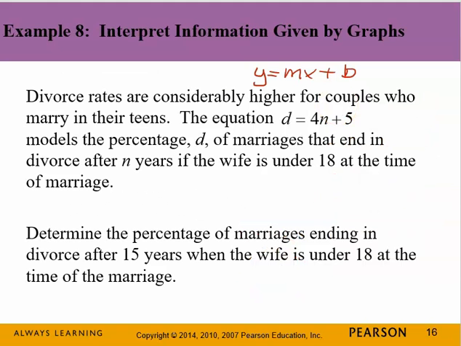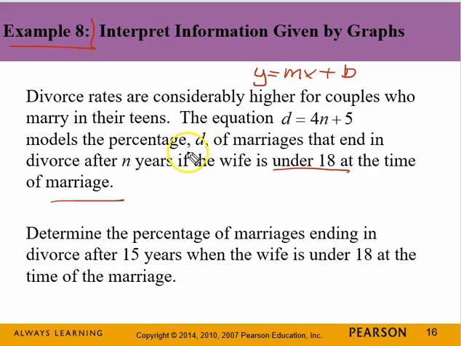Now, for our last objective, and we're calling this example 8 here, write that down. The equation they're giving us is in slope-intercept form, changing the letters a little bit, D equals 4n plus 5. So this is something folks have worked out, which talk about the percentages of divorces if the wife is under 18 at the time of marriage.